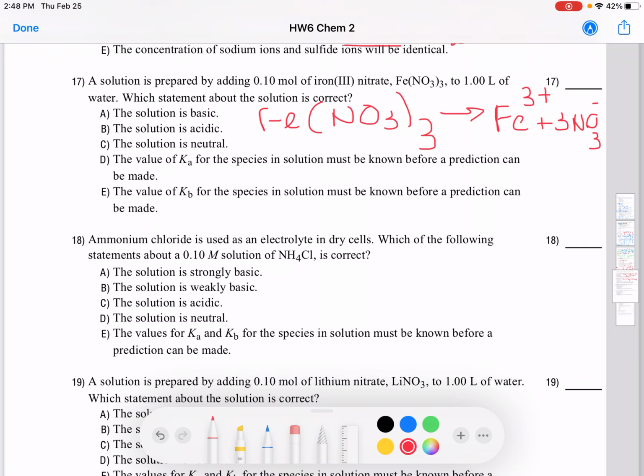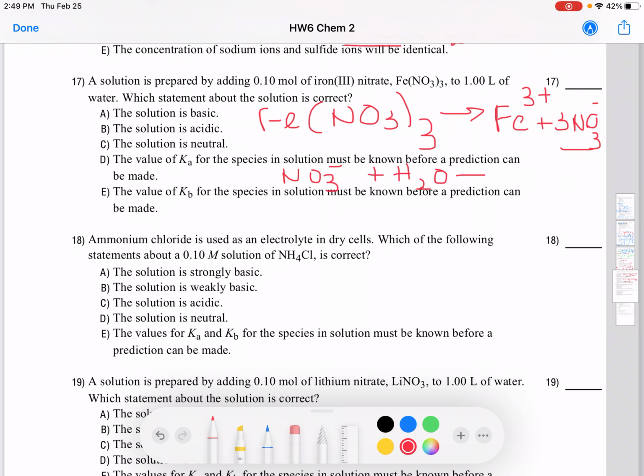We learned about the crisscross pattern, how to find out the charges. So iron is 3+ and there are 3 nitrates. Now the nitrate is an anion of a strong acid, nitric acid. So the nitrate ion is not going to react with water.